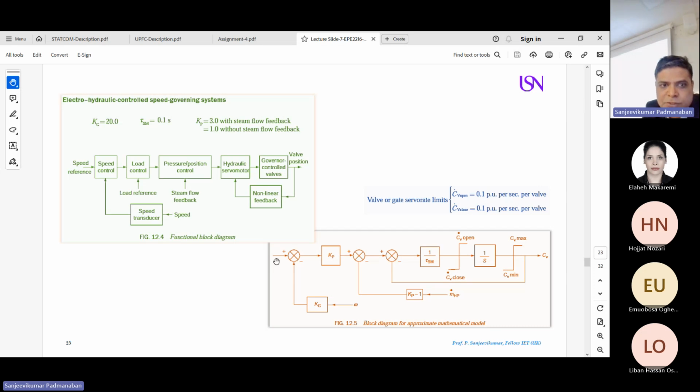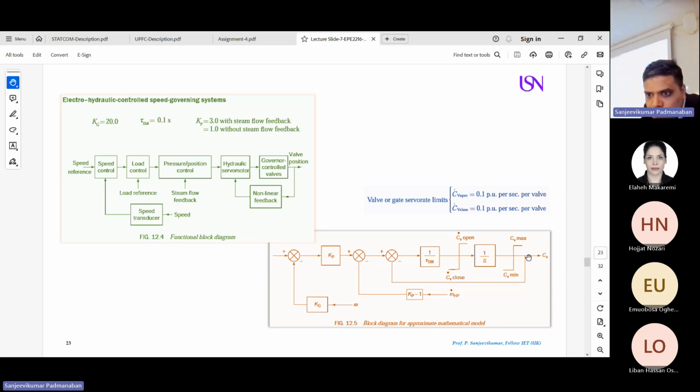So this is my input speed. Look here, input speed. This is the speed feedback. Then I have a KP, which is a proportional gain constant. From the gain, I calculate the reference I give here. Then the feedback is taken from the machine. You can see MHP is calculated, which has a feedback KP minus 1. So this is called feedback gain. With the feedback gain, I find the error. Again, I give it to the servo mechanism. So here I have the input.